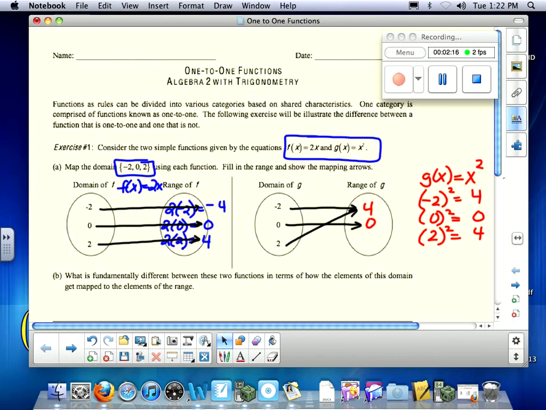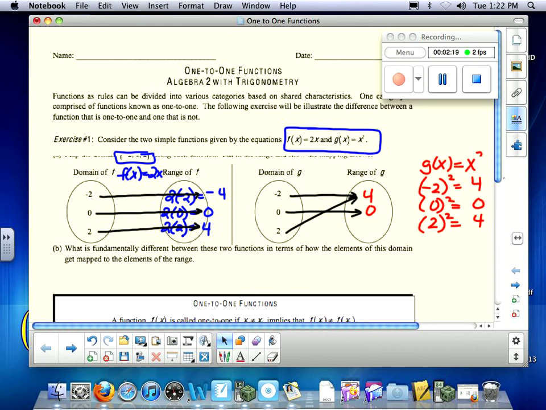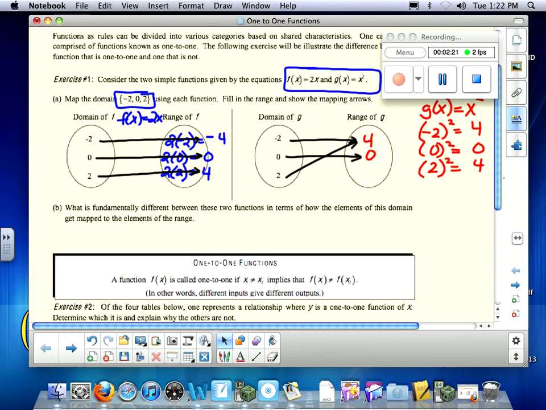So we have a little bit of a difference between these two functions. And it's pretty clear to see, once we draw our mapping arrows, where we have a little bit of a problem. So what's the difference between these two functions in regard to the mapping for the range?